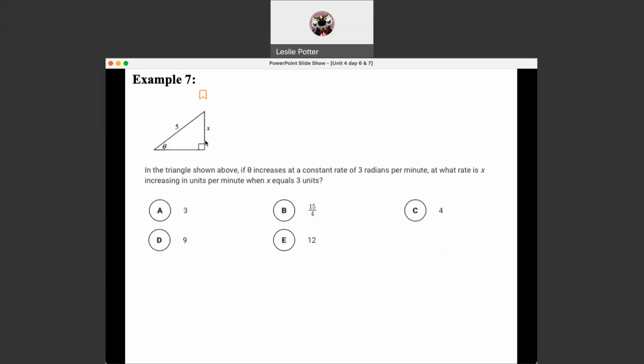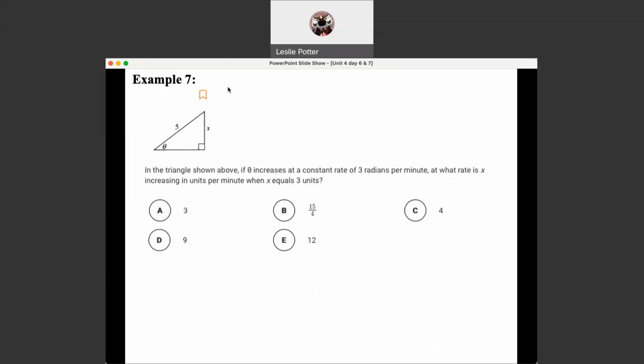Okay. And if x is getting longer, and this is staying at 5, then this base must be changing as well. It's just that it's not entering into the solution of the problem.